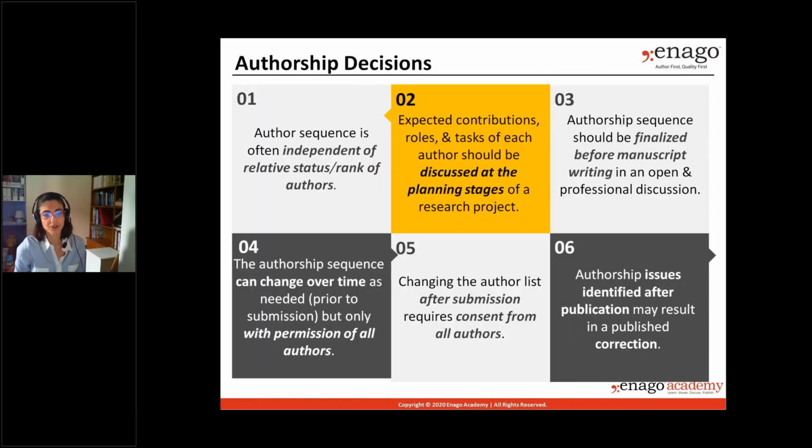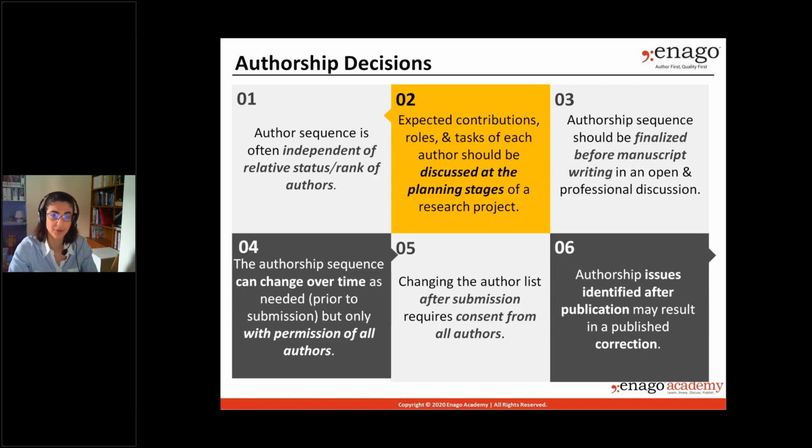Let's look now at some authorship decisions. The author sequence is often independent of the relative status or rank of the authors. Expected contribution, roles, and tasks of each author should be discussed at the planning stages of a research project. This can really help avoid conflict at later stages of the project.